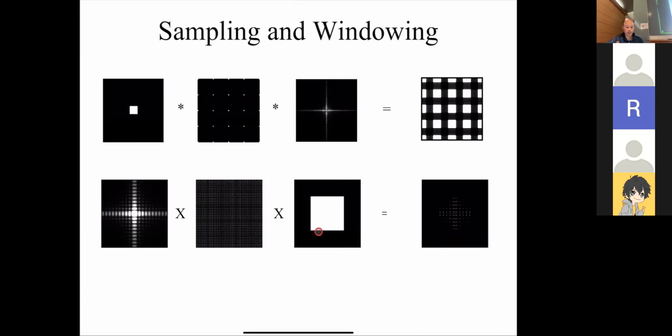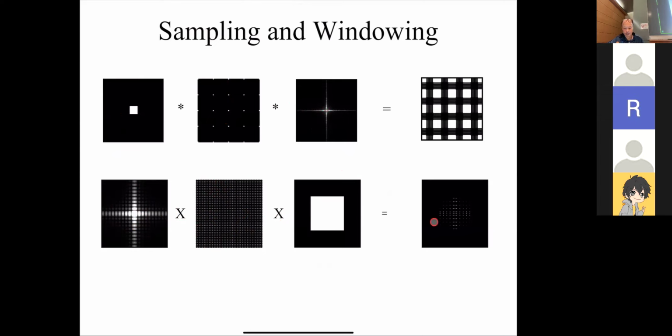So if we put it all together in MRI, we've got sampling and windowing. Okay. So let's go through this. So I have my object. Here's its Fourier transform. Remember, I sample those Fourier transforms so that I convolve with these space Dirac delta functions. I also window it, so I'm going to be convolving with these sinc functions.